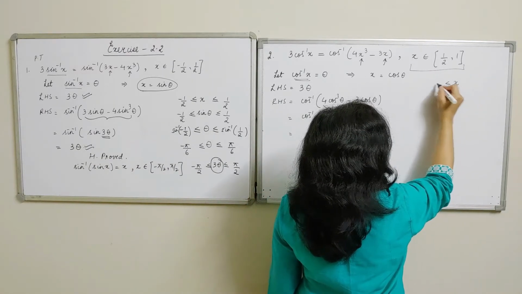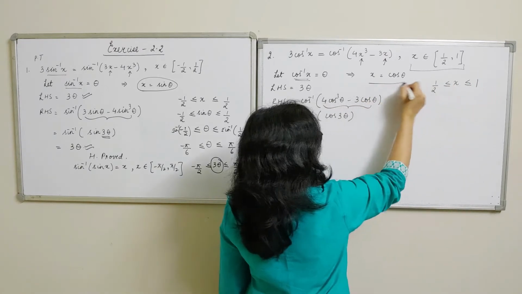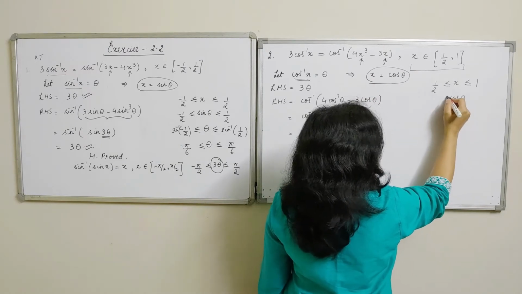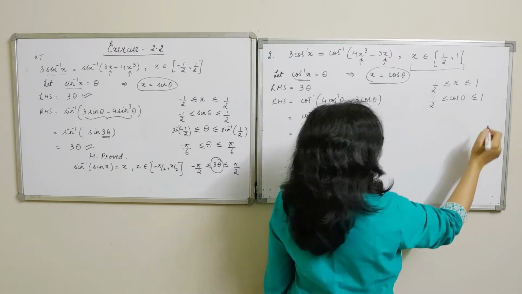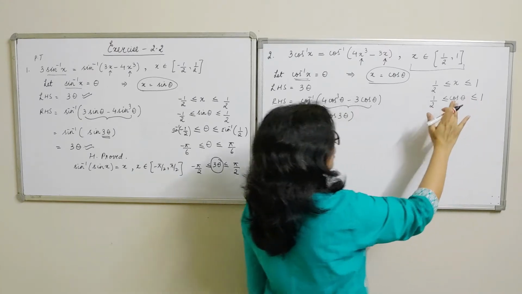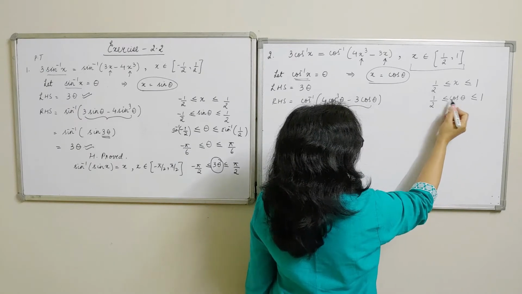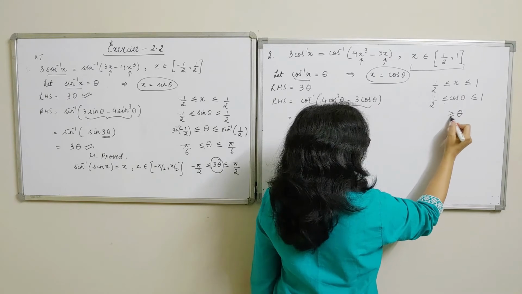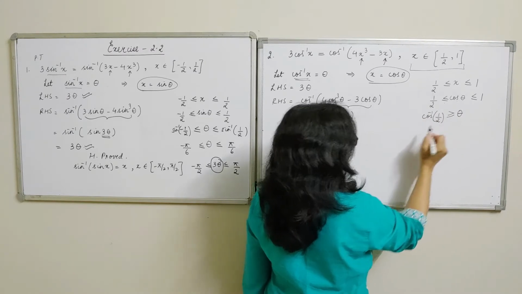X is greater than or equal to half, less than or equal to 1. X is cos theta, so that means cos theta is greater than or equal to half, less than or equal to 1. Here we know cos is a decreasing function, so if cos theta is greater than or equal to half, theta will be less than or equal to cos inverse half.